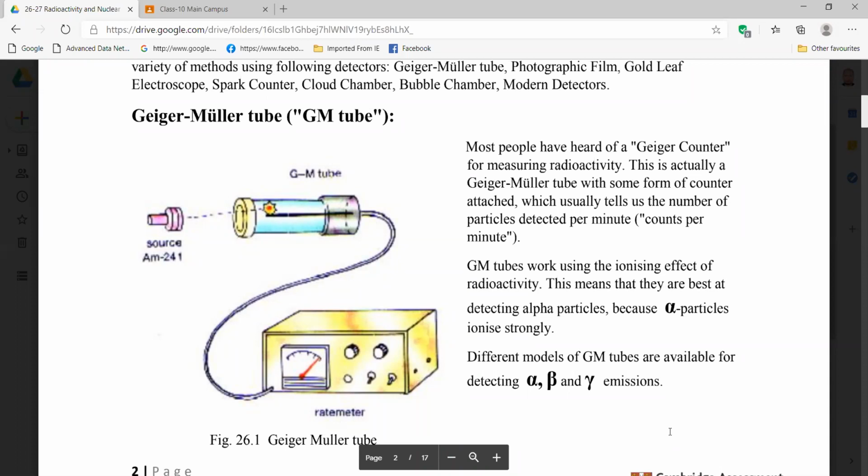So how does it work? A little bit is given there. Alpha particles have charges, right? They have two protons, so they have two positive charges.